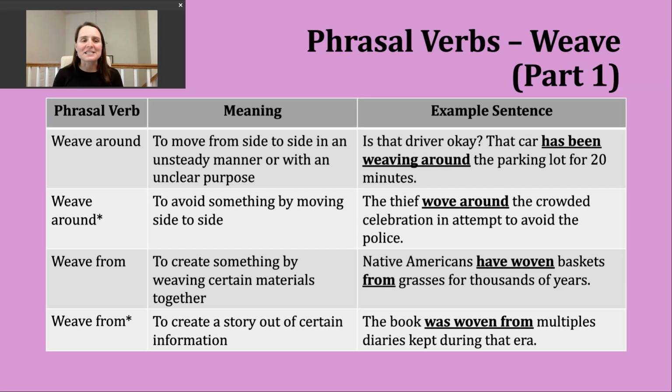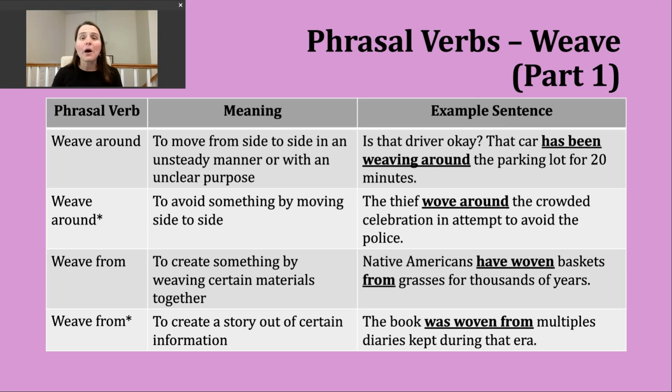Another phrasal verb we'll discuss is weave from. This connects back to that first meaning of our verb. So we're talking about creating something by weaving. And generally what comes after that preposition from is the materials that are being connected or woven. An example of this. Native Americans have woven baskets from grasses for thousands of years.